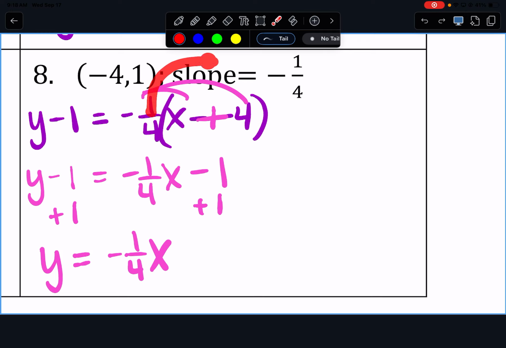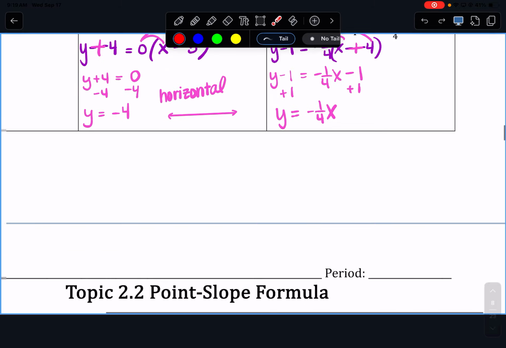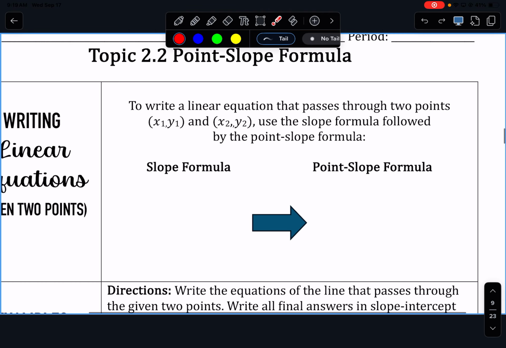So negative 1/4 times 4 is just negative 1. And we add 1 on both sides. Negative 1 plus 1 is 0. Do I have to show the plus 0 there? No, I don't have to show it. But can I show it if I want to? Yeah.